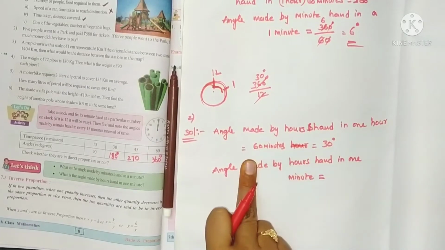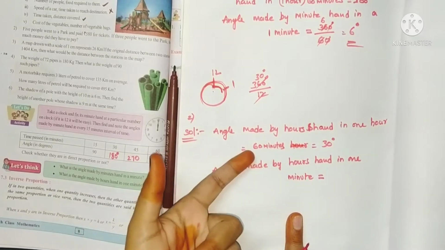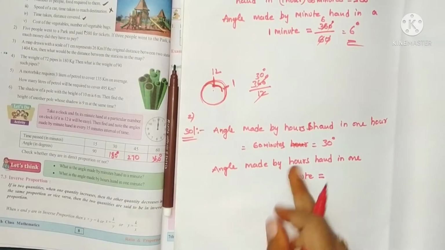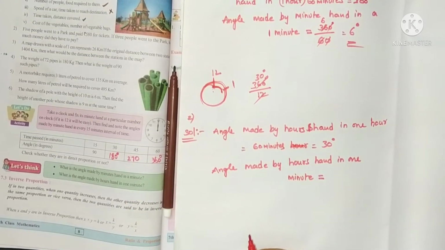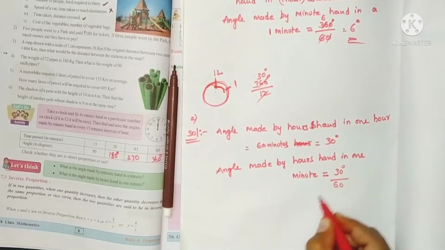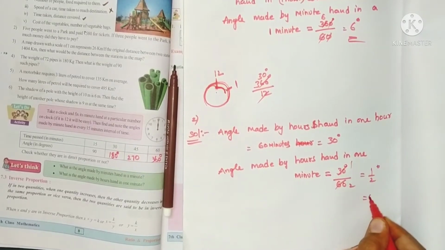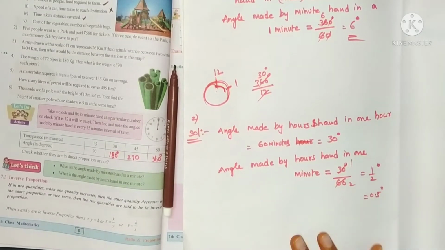So in 60 minutes it is doing 30 degrees. In 1 minute, again we know more and want to find less, so simply division: 30 degrees by 60. It's half a degree, or 0.5 degree.